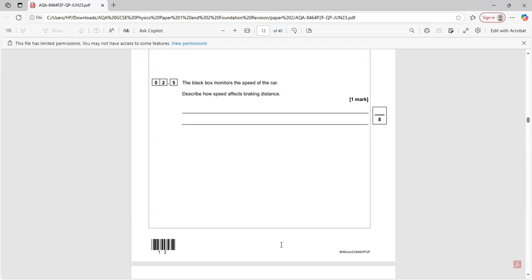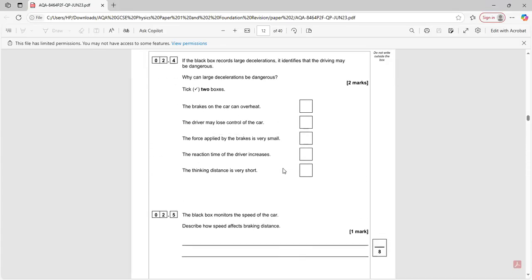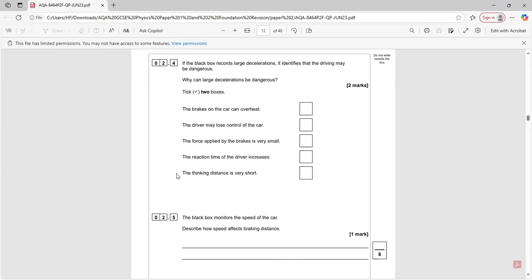It says the last one and the first one. Oh, okay. The last one and the first one. The last one, okay. Thinking distance is very short. Oh, the brakes on the car can overheat.